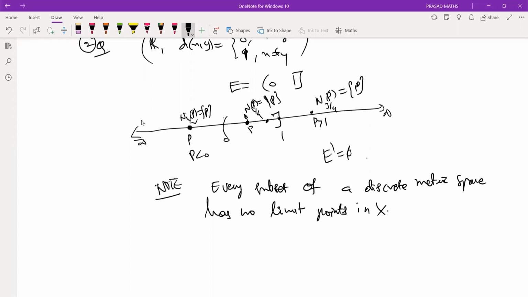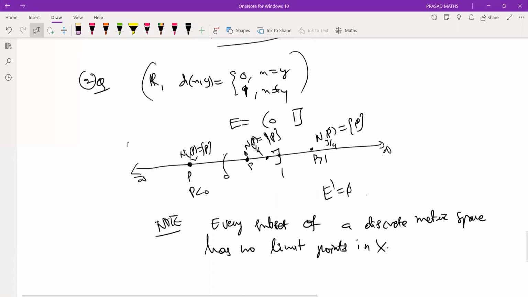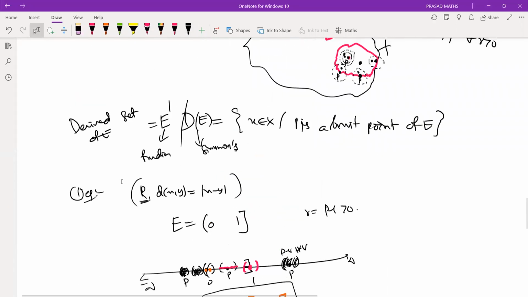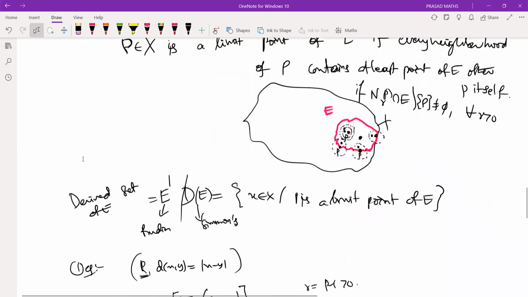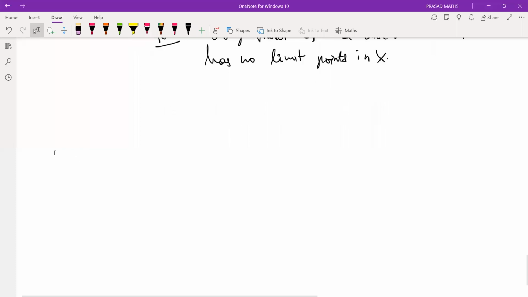This is about limit points in a metric space X. Next is the closed set.